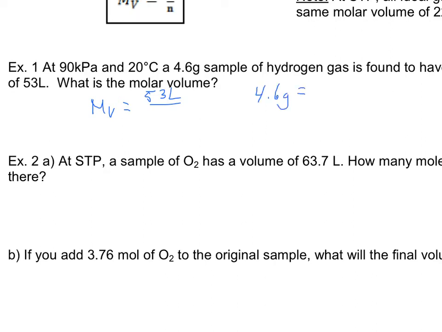I can use the mass equals moles times molar mass equation from Unit 3 in order to calculate the moles in the sample. Hydrogen gas is a formula H2, so its molar mass is going to be 2.02 grams per mole.